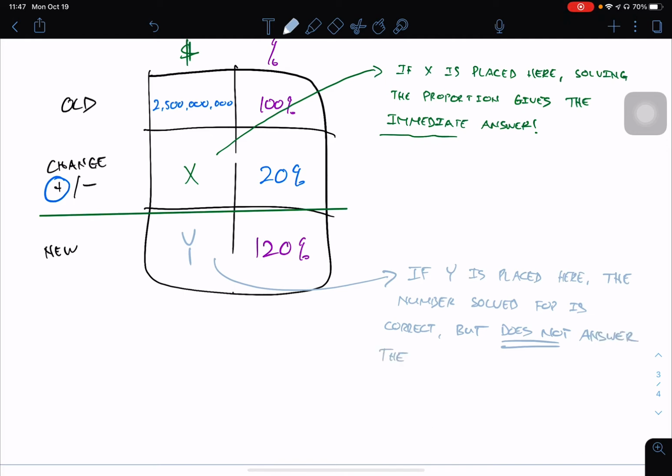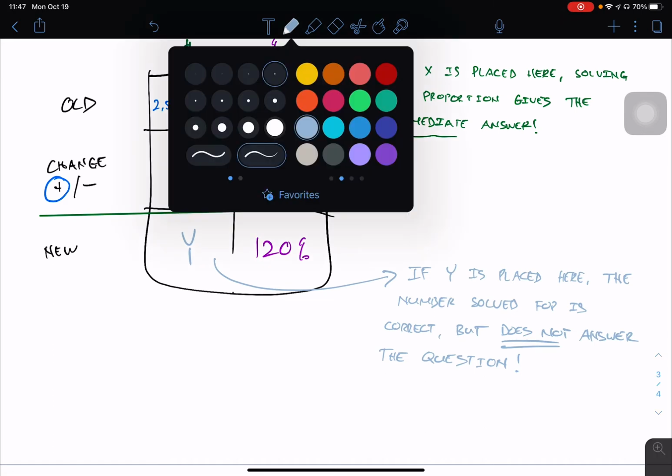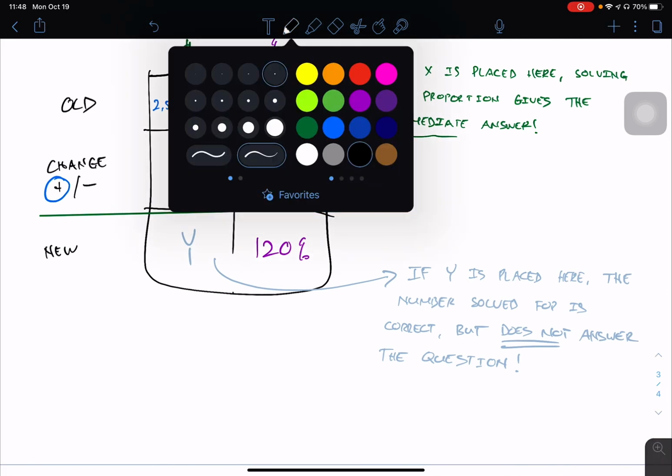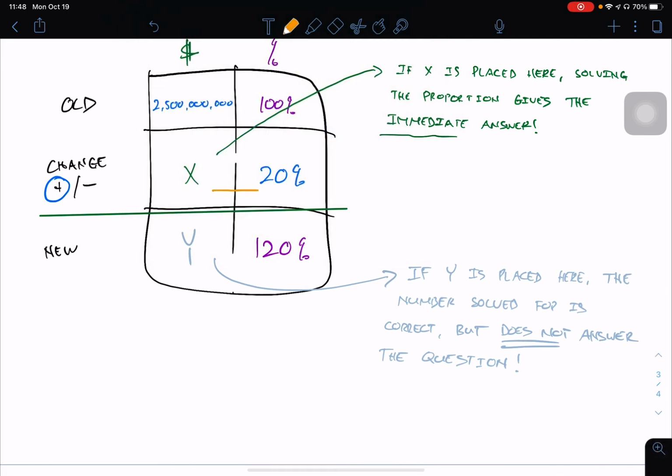And why is that? Well, think about it. If you solve for x, x is the neighbor of this 20%. And the question's asking, what's my commission?